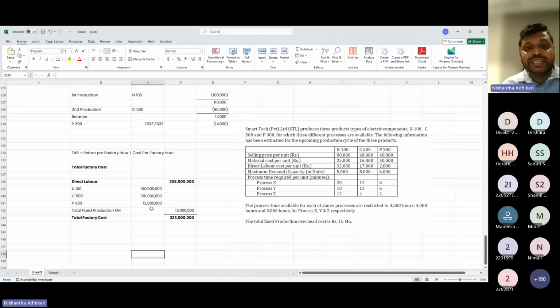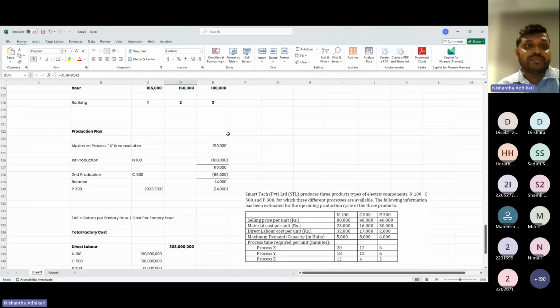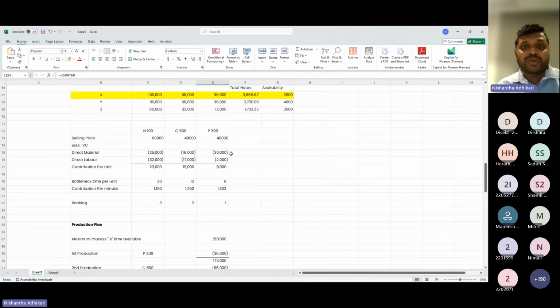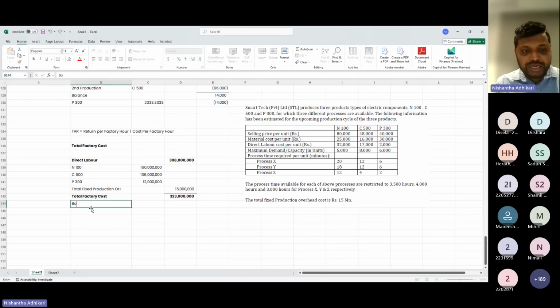You will incur 323 million to operate how many hours? 3,500 hours you will operate for process X, the bottleneck hours. You can only operate 3,500 hours. Therefore, cost per hour equals 323 divided by 3,500.